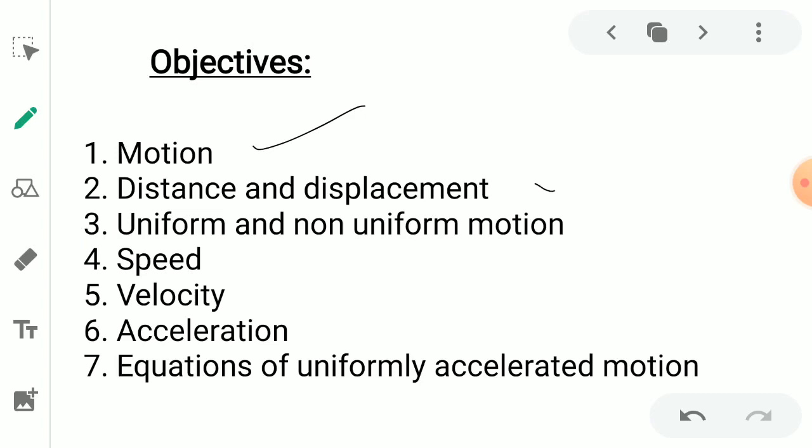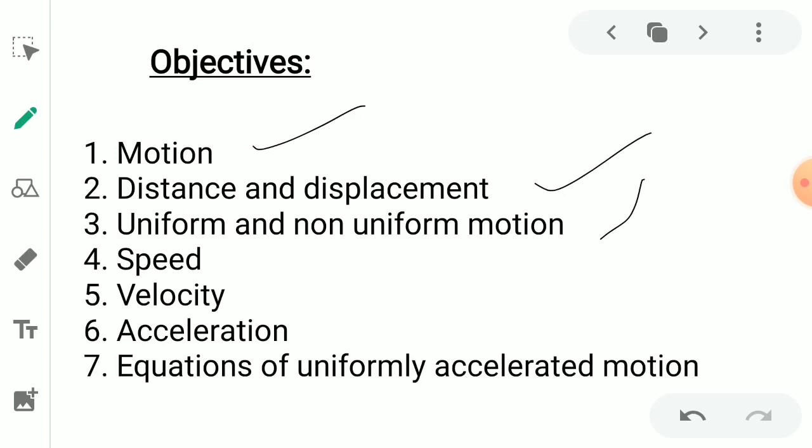Then we have to understand distance and displacement and the difference between both of them. Then we will see uniform and non-uniform motion. That motion is there, but one is uniform, another is non-uniform, and how they differ from each other.